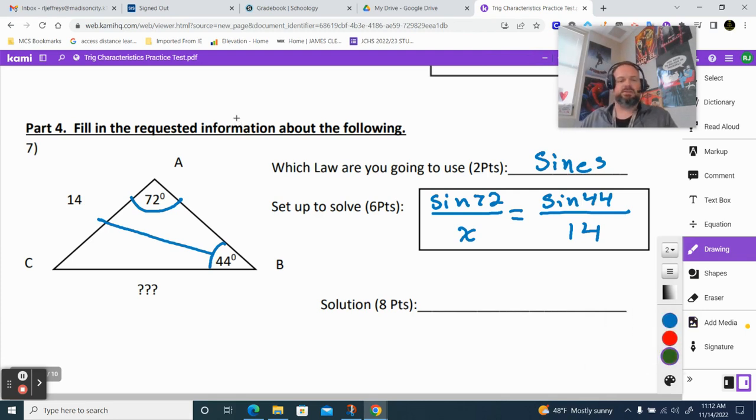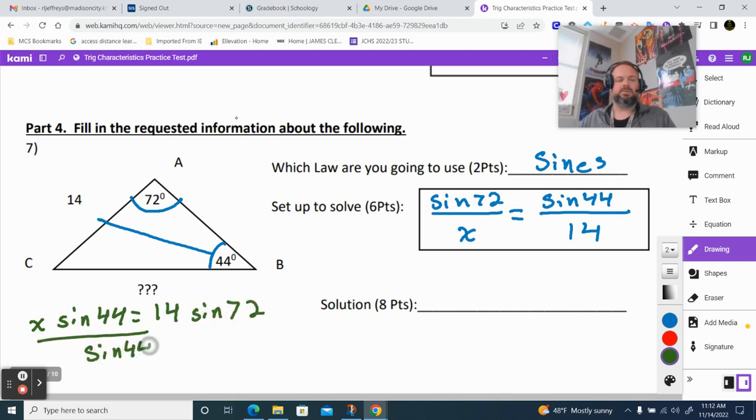If you cross multiply, you have x sine of 44 equals 14 sine 72, divided by sine 44. You can plug that into the calculator.